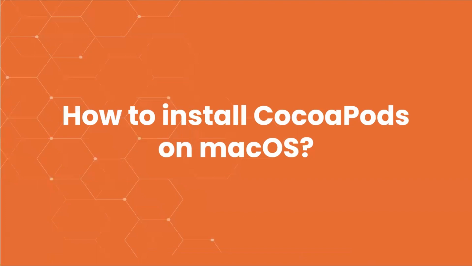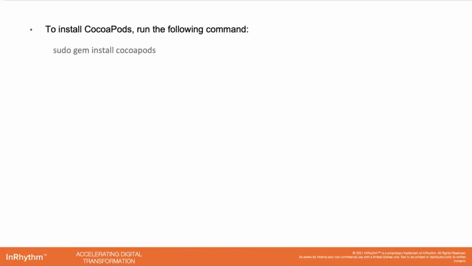So, how to install CocoaPods on macOS. Usually when someone wants to install CocoaPods, the command to do it is sudo gem install cocoapods. But this command doesn't always work, especially for those who started using M1 Max.